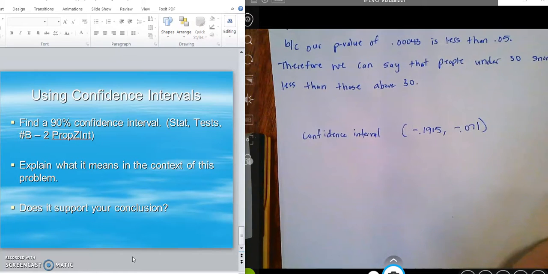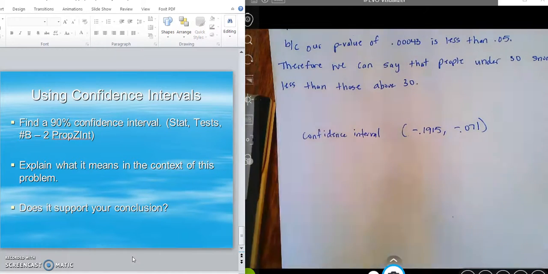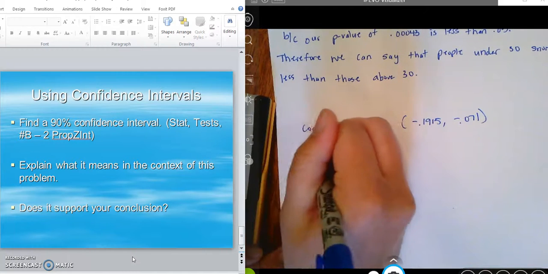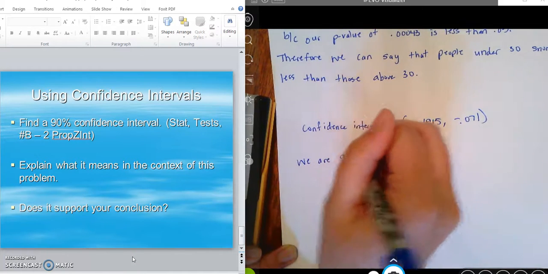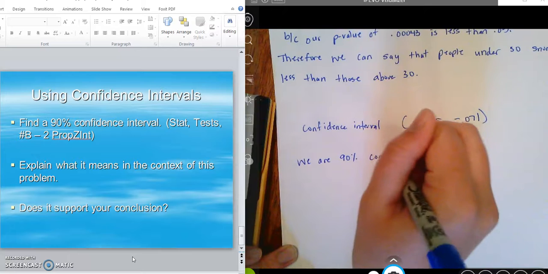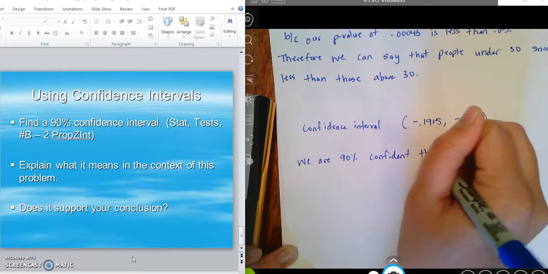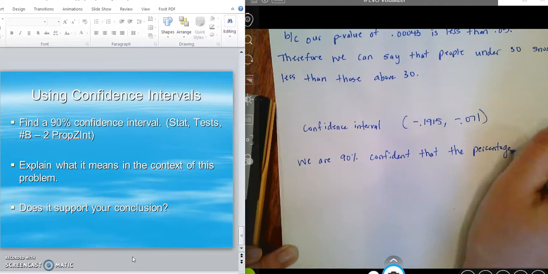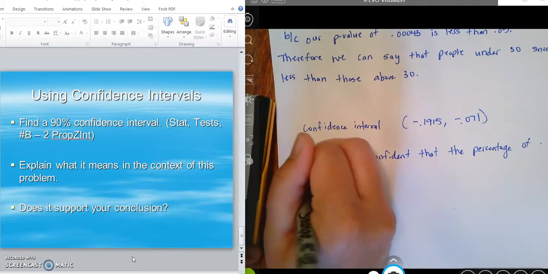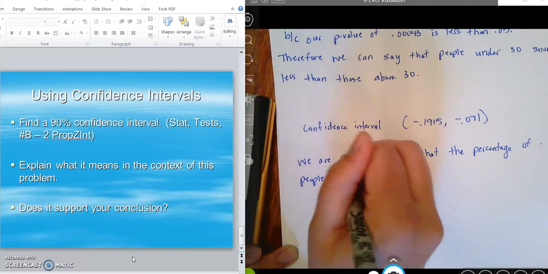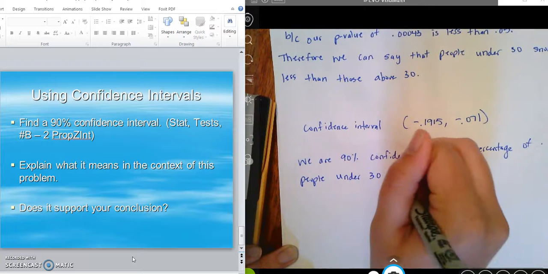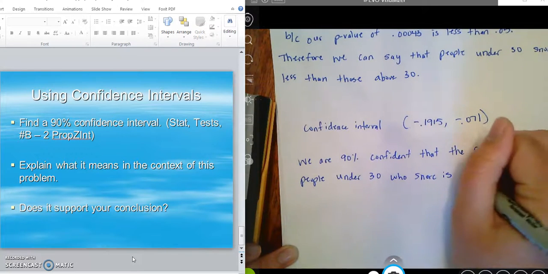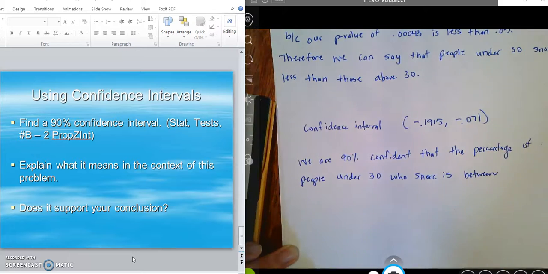So what does this mean? Here we're going over this sentence. Remember, the sentence is a little bit different than the other one. So you would say, we are 90% confident that the percentage of people under 30 who snore is between, here's your confidence interval.